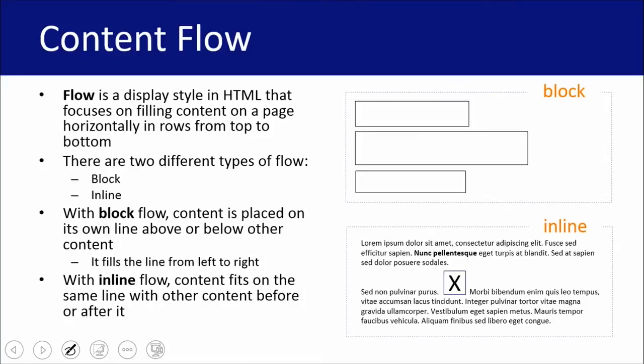So with block flow, you're going to see block level elements doing exactly what I just did with my hands. And then with inline flow, you've got different content that's going to fit in line with other content. So maybe you embed an image or something along those lines within a paragraph, and that is going to appear like this little guy right there in our inline flow example there on the right.